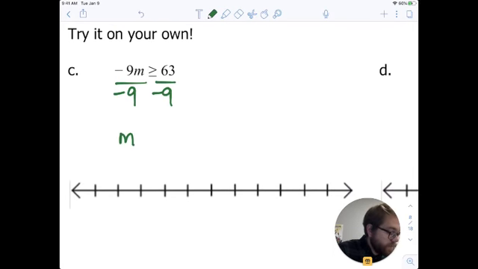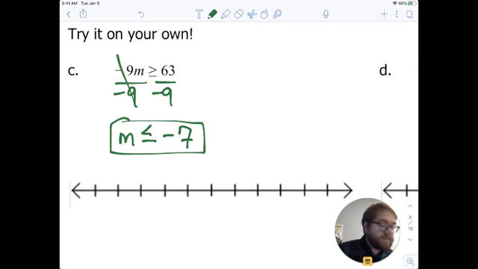So m, because the negative 9s cancel out, and 63 divided by negative 9 is negative 7. But because I divided by a negative number, I'm going to have to switch my sign. It was greater than or equal to, but now it's less than or equal to. So this is my solution. m is less than or equal to negative 7. I'll graph that onto my number line.